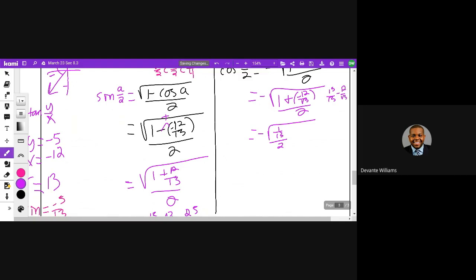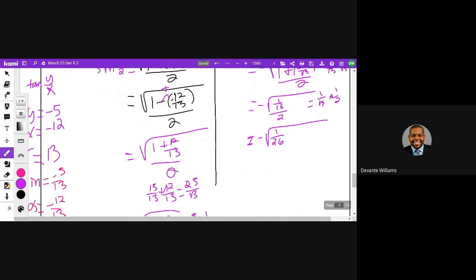Now we got it. We're going to keep, change, flip. So it'll be 1 over 13 times 1 over 2, and we get the negative square root of 1 over 26, which equals, since the square root of 1 is 1, negative 1 over the square root of 26.